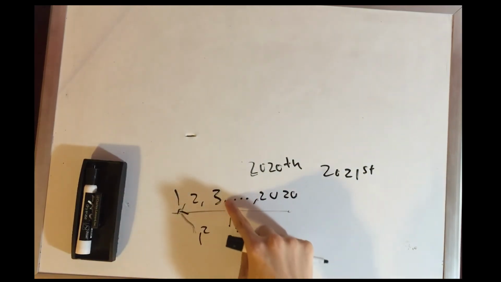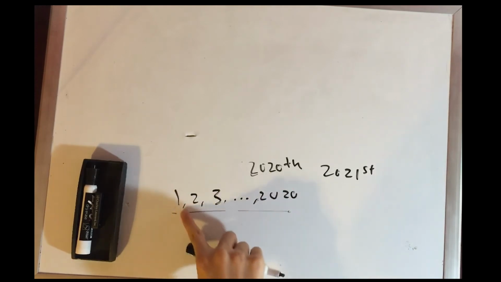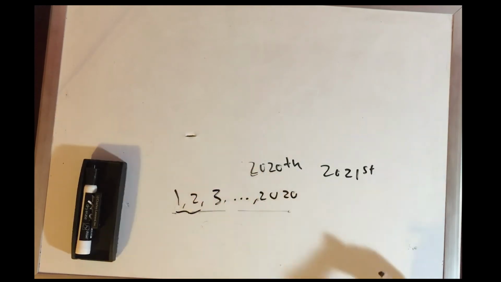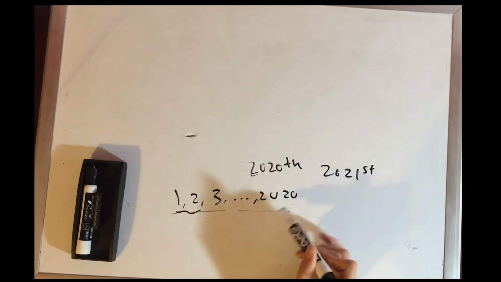So let's consider we're not adding any squares yet. Let's consider we just have the natural numbers as the first half of the sequence. If this is just the first half of our sequence, then our 2020th number will be 2020.